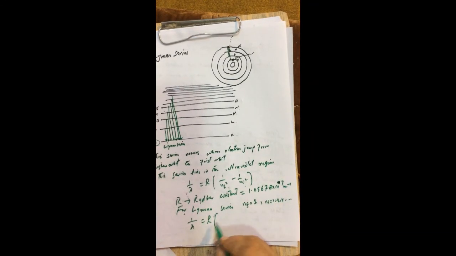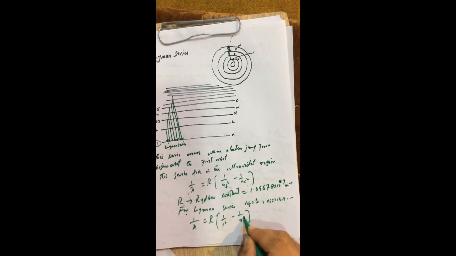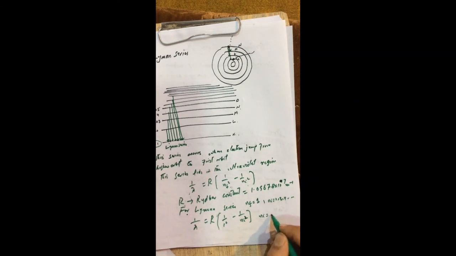We can write it as 1 over 1 square minus 1 over ni square, where ni is 2, 3, 4 and so on.